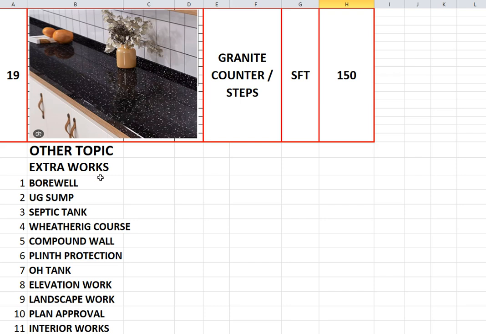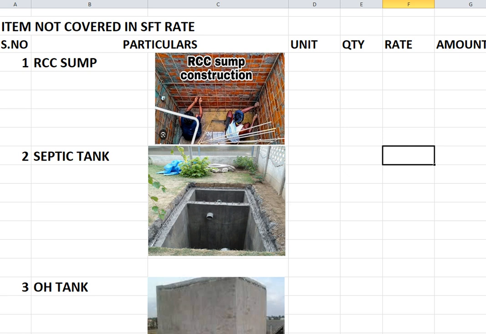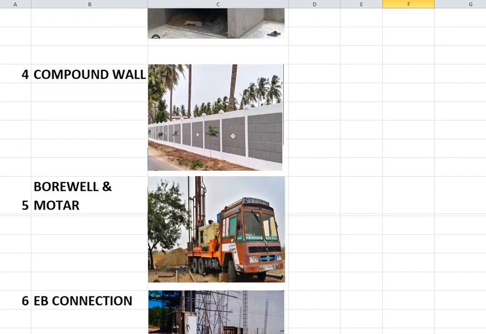These are different items which normally are not covered in the square feet rates, so they will cost extra. We will see the details of the costing and how much it will cost per square feet of the building in the coming videos.